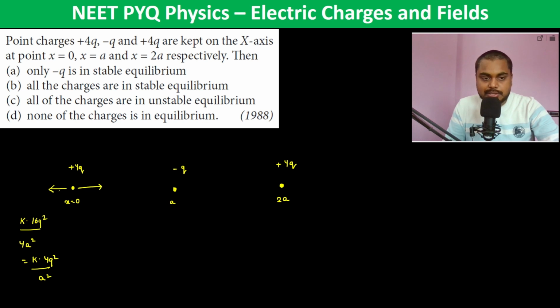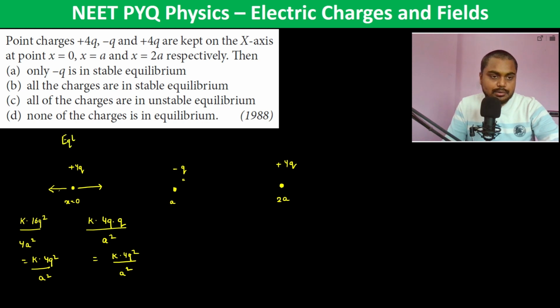This is going to experience a force in this direction due to this small charge, which is k into 4q into q divided by a square, which is again k into 4q square divided by a square. So this is in equilibrium. Okay, that's there.